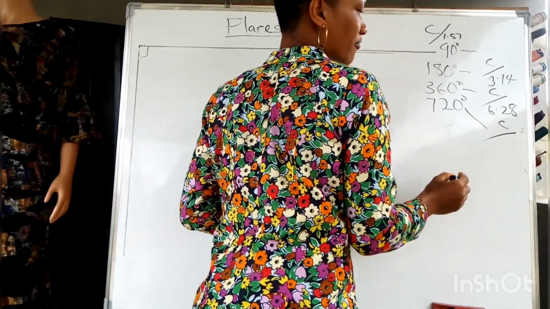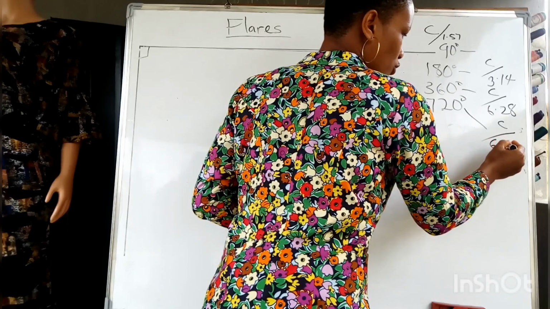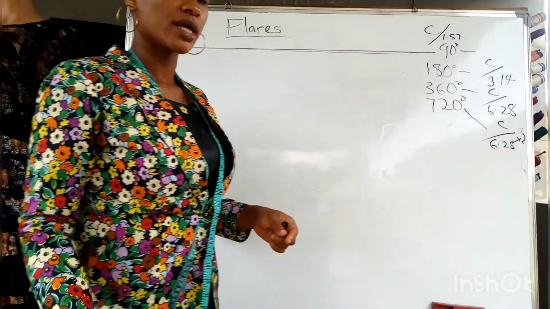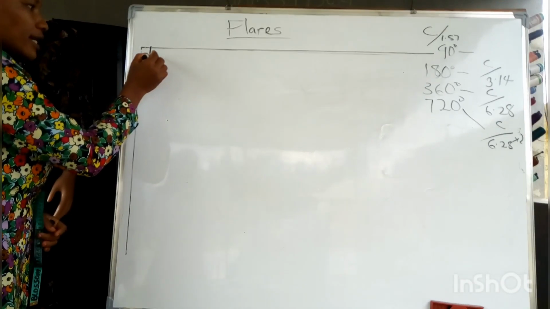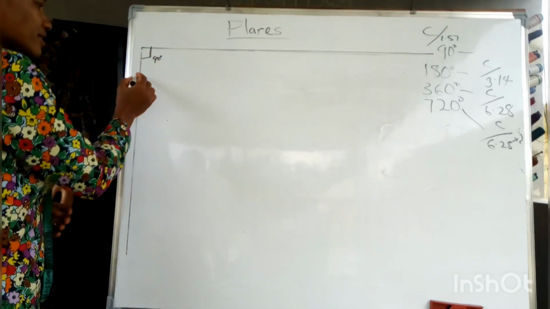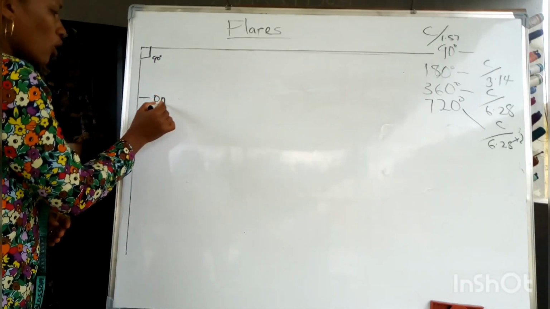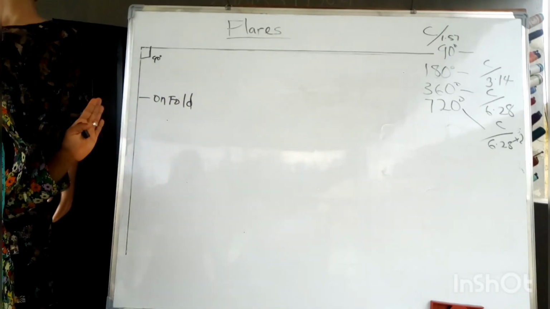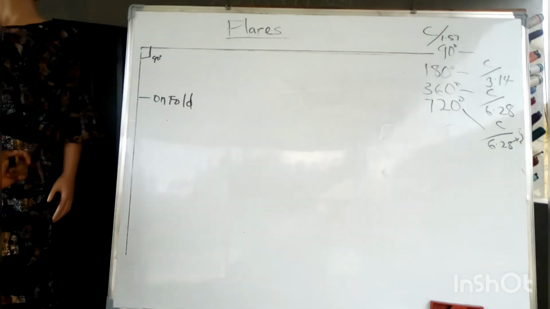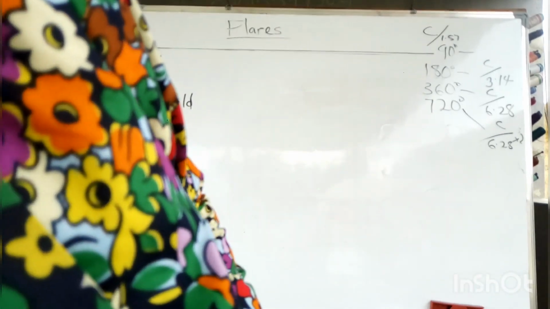And in 360-degree, we have the circumference divided by 6.28, and in achieving 720-degree, we divide the circumference by 2 and then put it into 2 places.